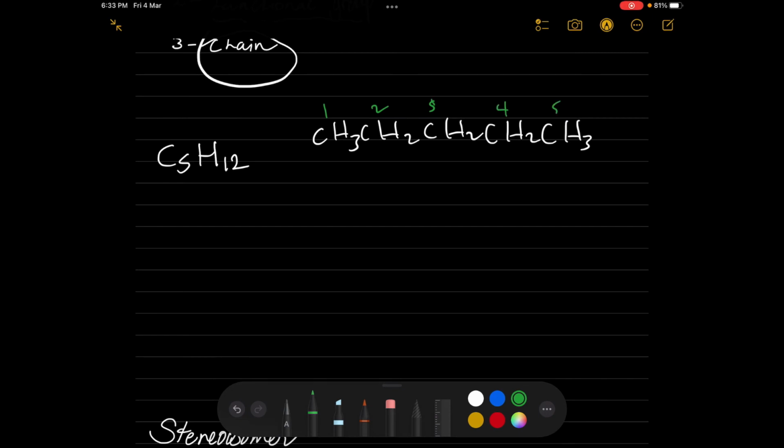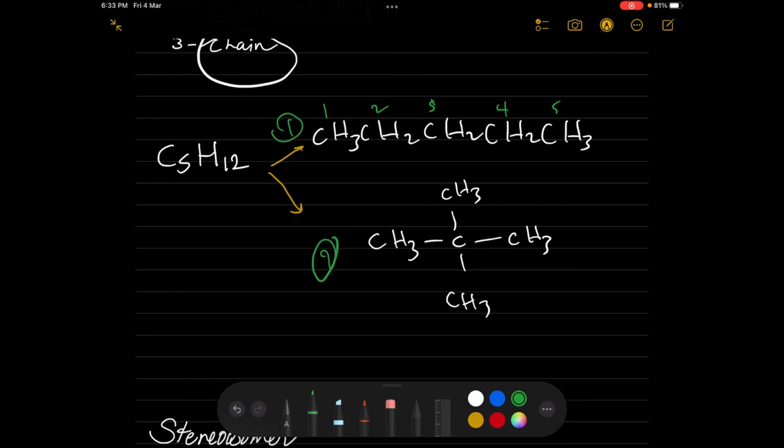And I can draw this formula in another form, which is CH3, C, CH3, CH3, CH3. According to what we see, we have totally different compounds: compound number 1 and compound number 2. This is a chain and this is a branch.